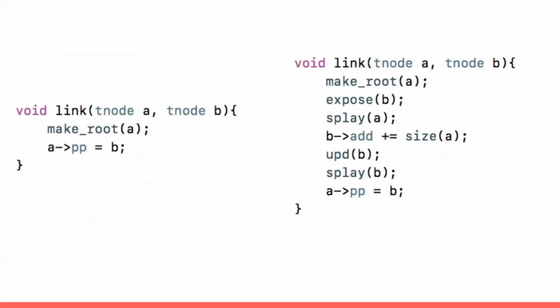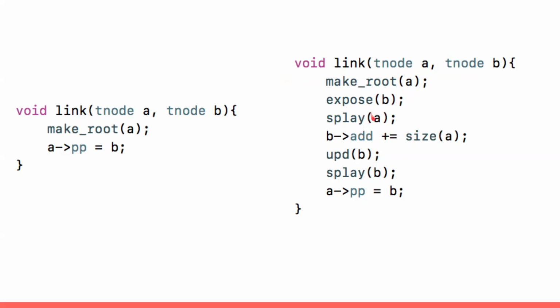Okay, so how is link different? If we add an edge between two vertices, we will add a light edge. If we have a light edge, we should also change the add value. So what's the difference? We make a root of A, and we find the path between B and the root. Display A. So A is the root in our splay tree.